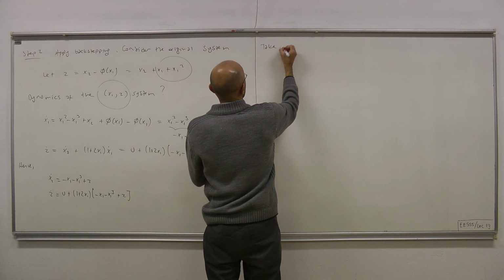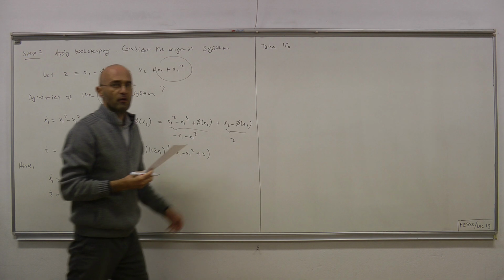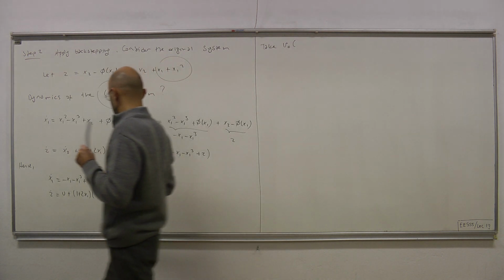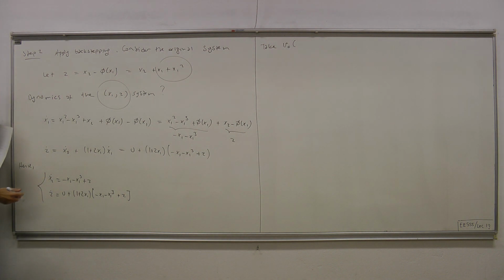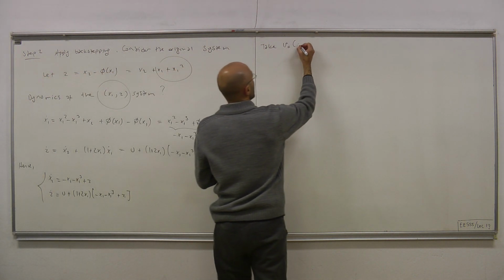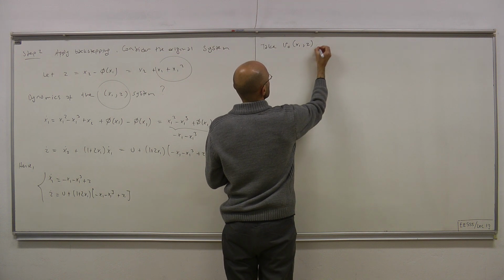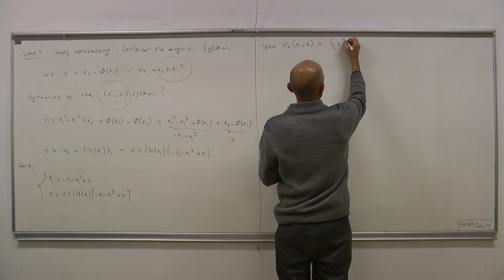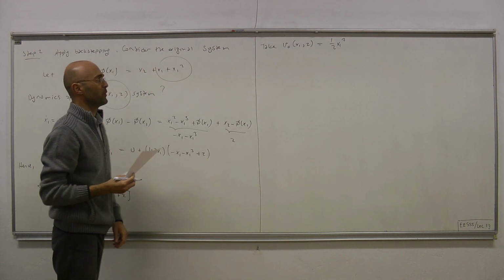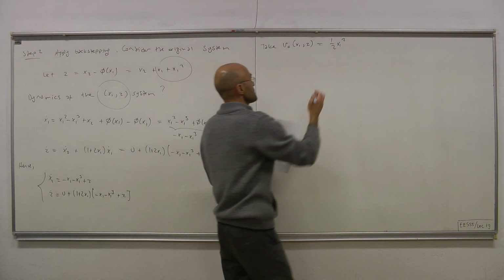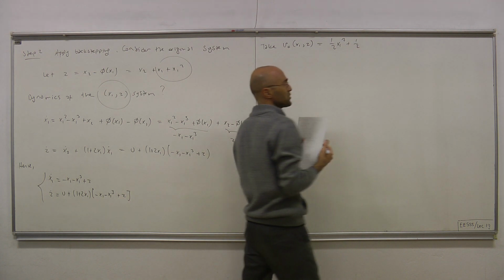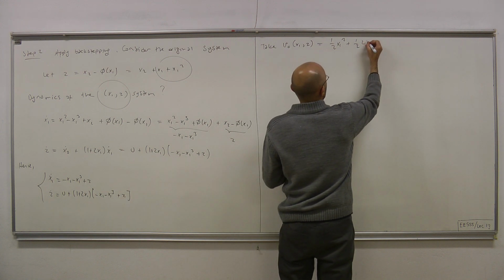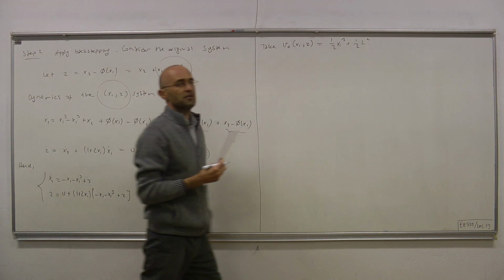Okay, take the composite Lyapunov function Vc for this x1, z system as the original Lyapunov function for this subsystem, which was 1/2 x1 squared. We know that it works. Plus, we augment it with a positive definite term corresponding to z only, simply 1/2 z squared.